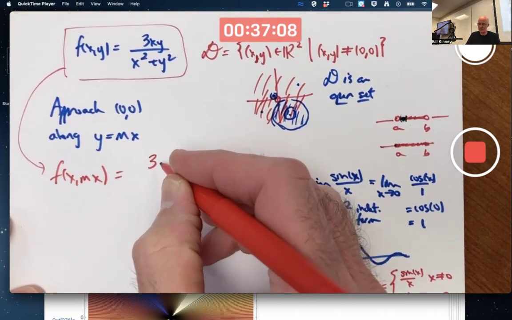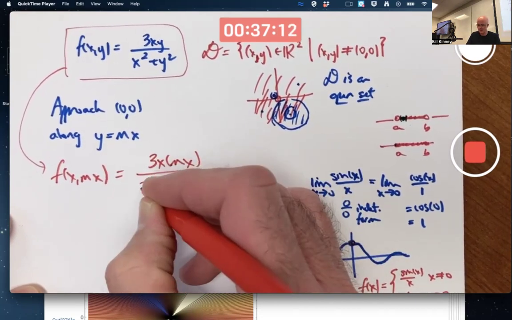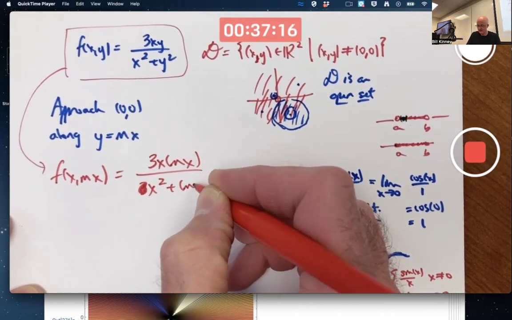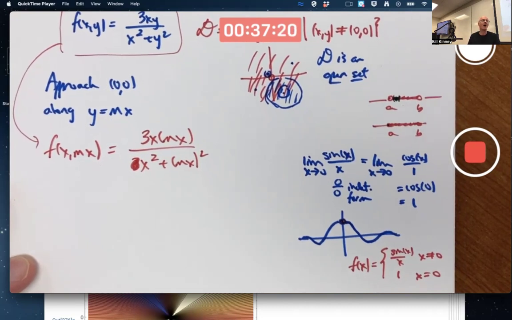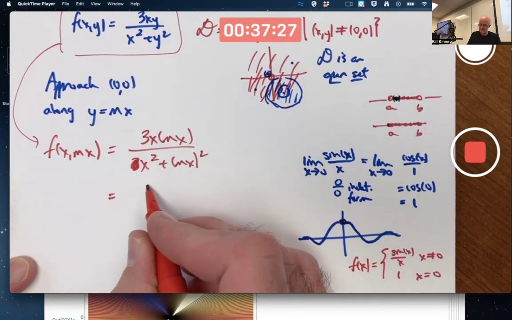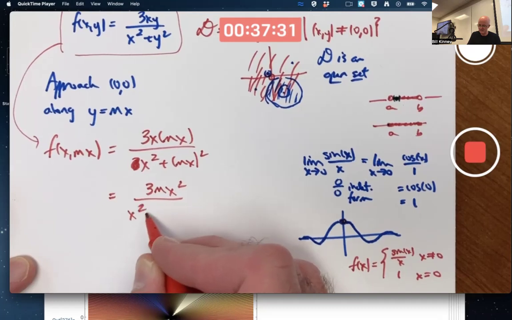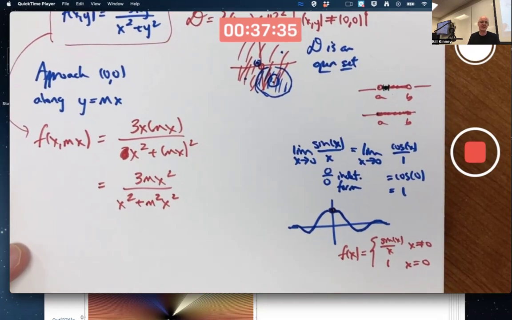In the formula, go ahead and replace y with mx everywhere you see a y. Should I stop there? No, keep simplifying. Simplify as much as you can. On the top, it simplifies to 3mx squared. On the bottom, it simplifies to x squared plus m squared x squared. Can I simplify more?